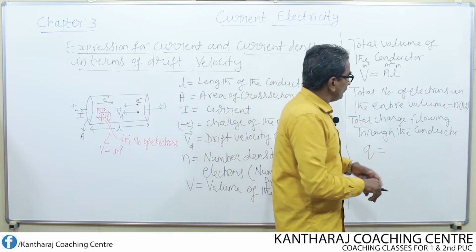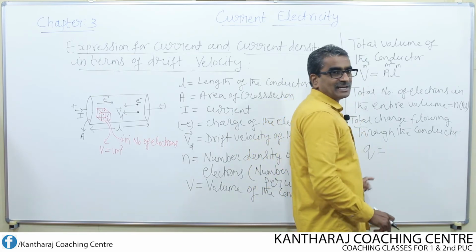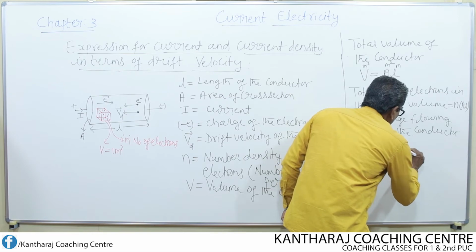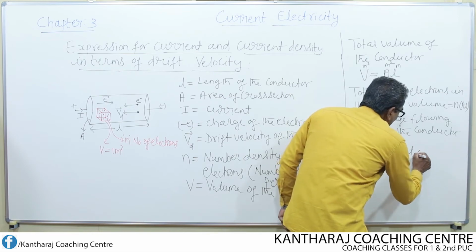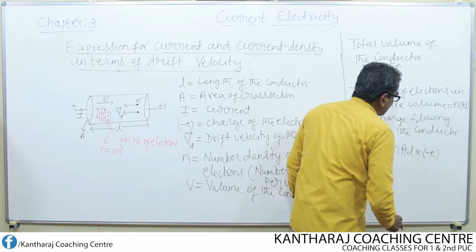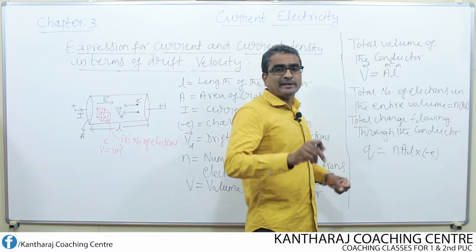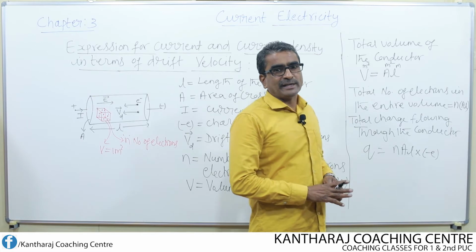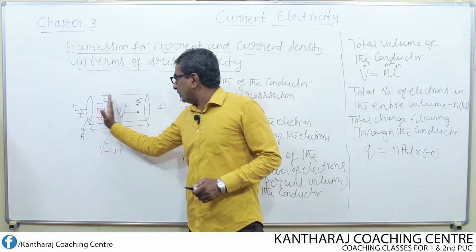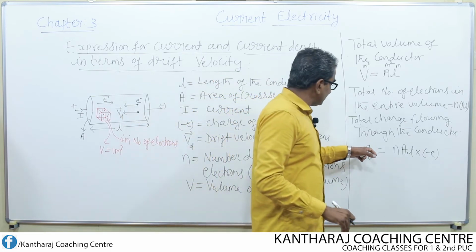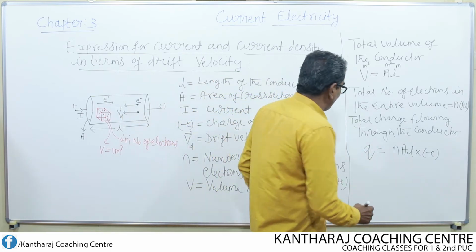So therefore, the total charge I write like this: Q equal to NAL, total number of electrons, multiplied by charge of each electron. I write negative sign. But here Q is negative. Why is Q negative? Because electrons are flowing opposite to the electric field. Therefore, I can consider Q as negative.